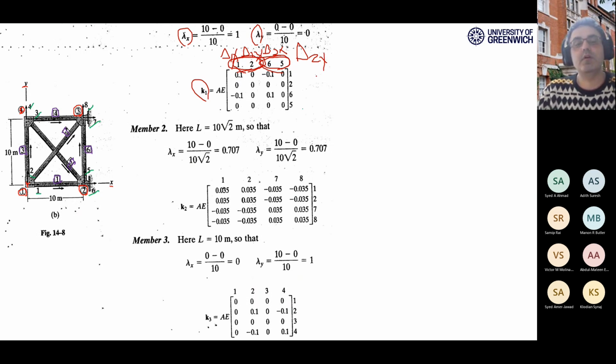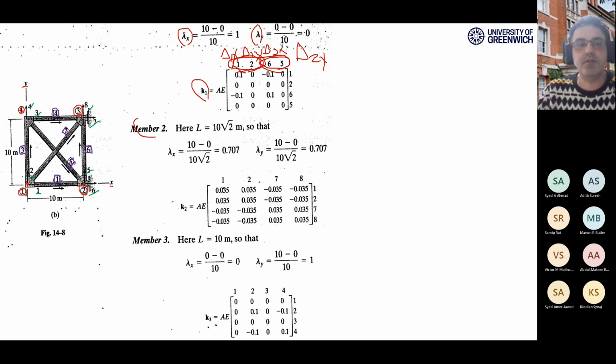So for every single 4 by 4 stiffness matrix, you need to write the first two goes for the near end, and the second two goes for the far end. And for both of them, you need to write the degrees of freedoms in the x and y directions.